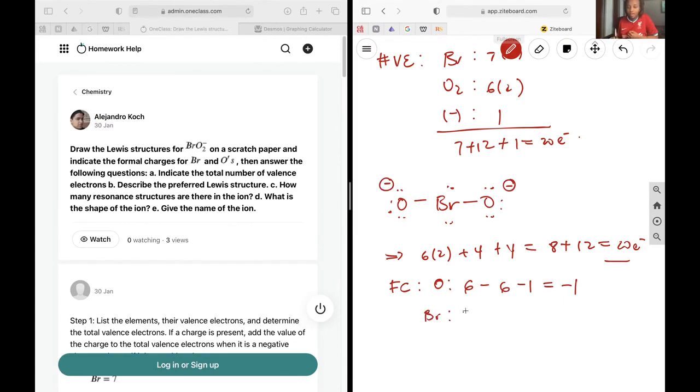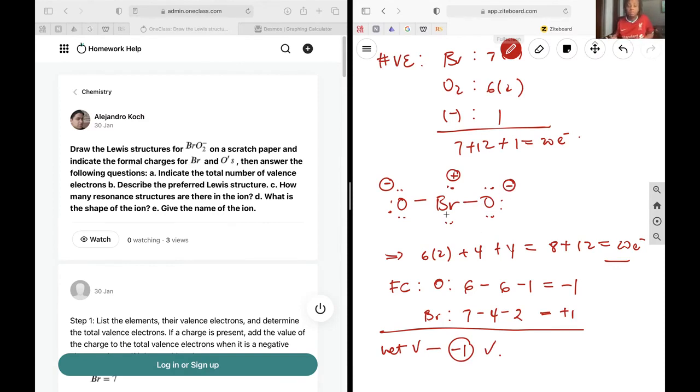And on my bromine, I have 7 valence electrons minus the 4 in lone pairs minus the 2 in bonding pairs, and that is going to give me positive 1. And so, yes, I see that the net is correct. I have a net of -1, but my charge separation is not optimal in this case. I can minimize the charge on 2 of these and just leave a minus on 1 of them. That makes the most sense, and that would be energetically favorable.